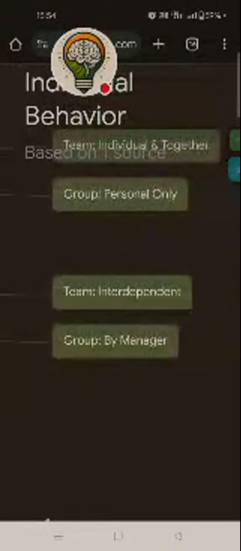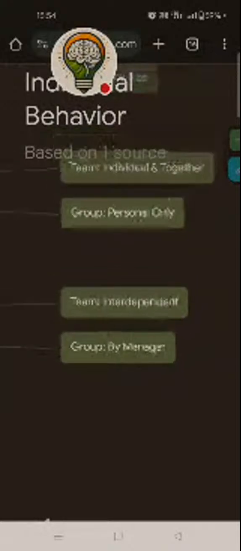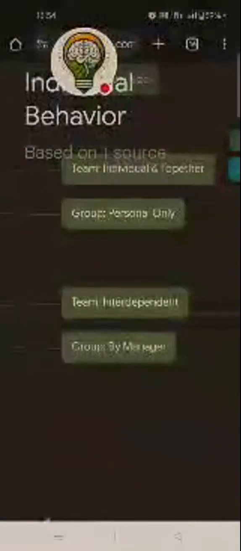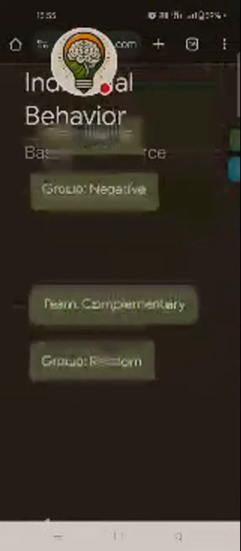Goal setting: team goals are interdependent, and group goals are set by the manager. Accountability: team accountability is individual and collective, but group accountability is individual. Synergy: positive synergy in a team and negative synergy in a group. Skills: a team has complementary skills and a group has random skills.